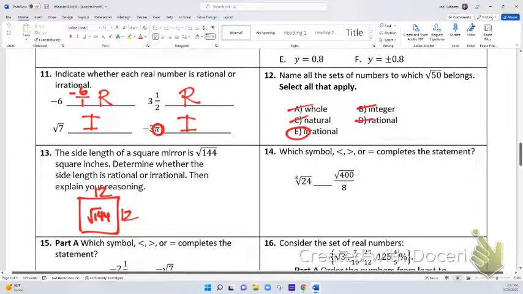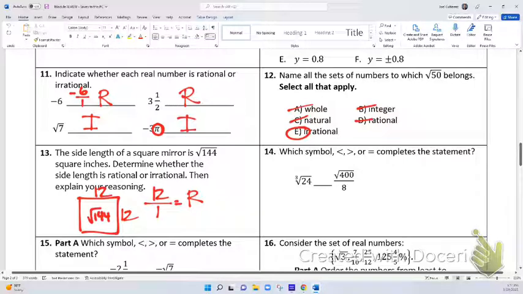For area, you do length times width. So when we do 12 times 12, we get 144. Seeing that the answer is 12, and 12 can be converted into a fraction, 12 over 1, we call this one rational. And then explaining your reasoning, you just simply say the square is rational because the side lengths are whole numbers or integers.